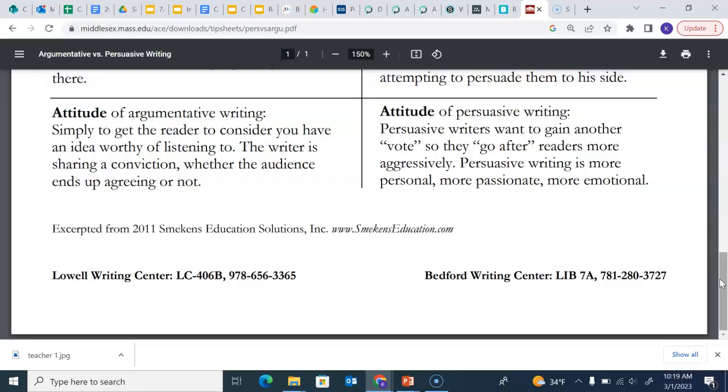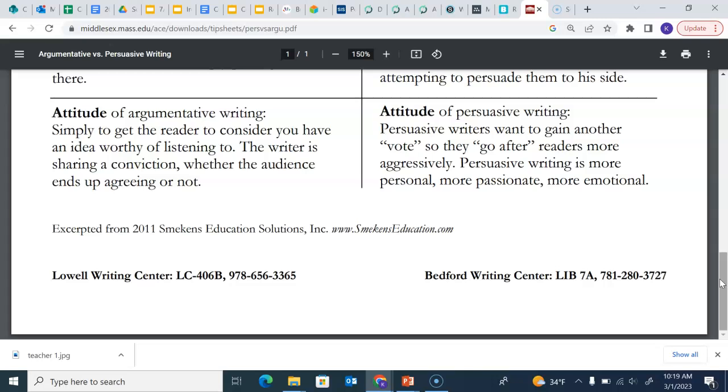And the last major difference is in terms of the author's attitude, or as we've learned it this year, tone. So for argument writing, the tone of the writer is simply to get the reader to consider that their idea is worthy to listen to. They want to present their idea and they want to put it forth as if it has merit.